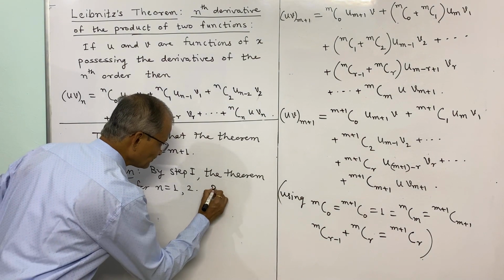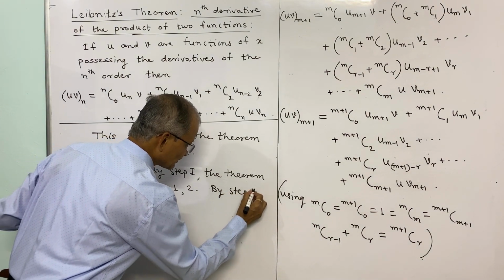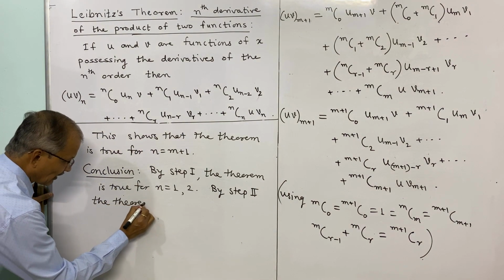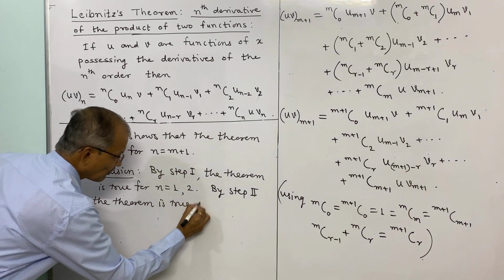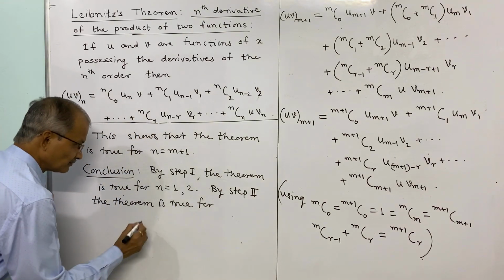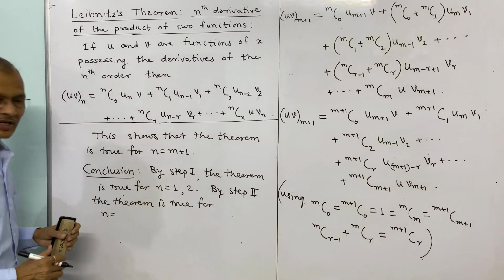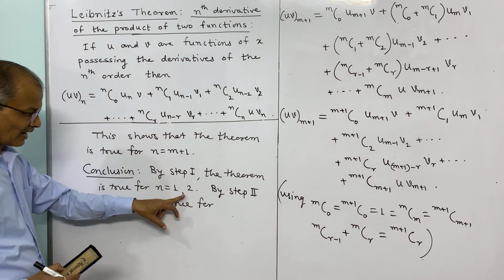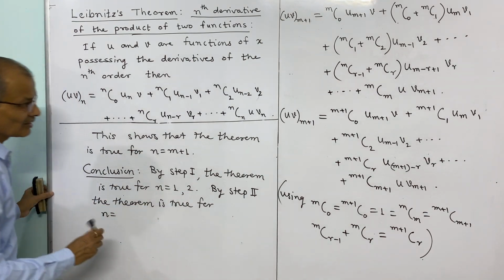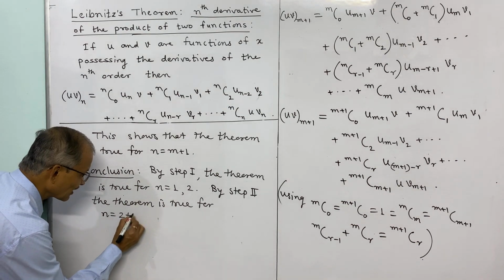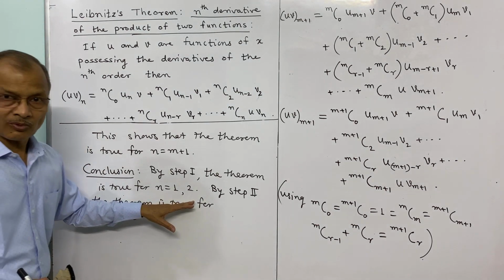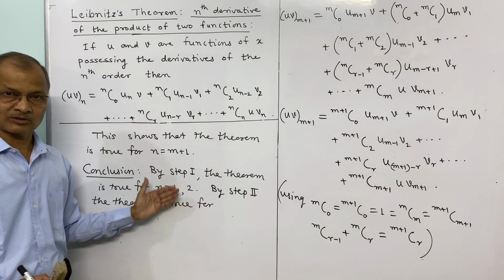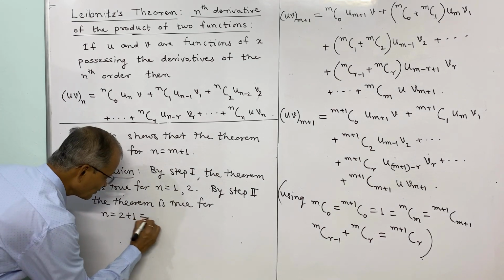So by step 2 the theorem is true for n equal to m plus 1. Now we can take the value of n as 2, so it is true for 1 and 2. We shall consider now m equal to 2, so 2 plus 1. When it is true for 2, it is true for the next immediate value, that is 2 plus 1, so it is equal to 3.